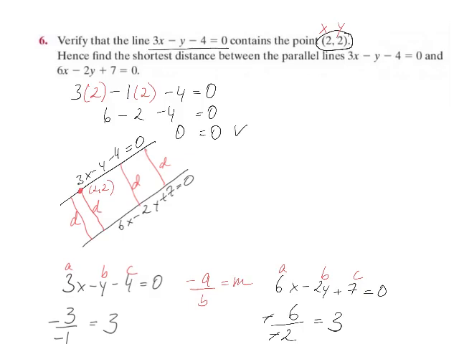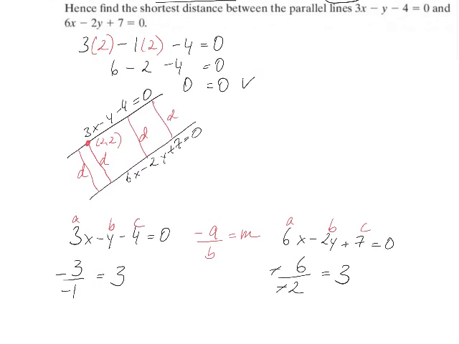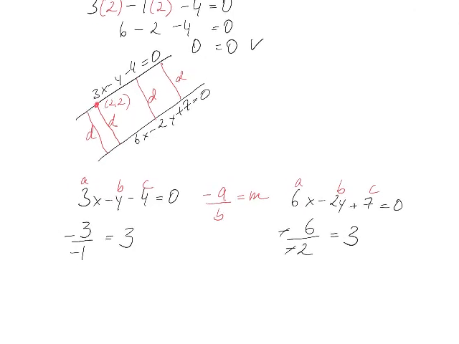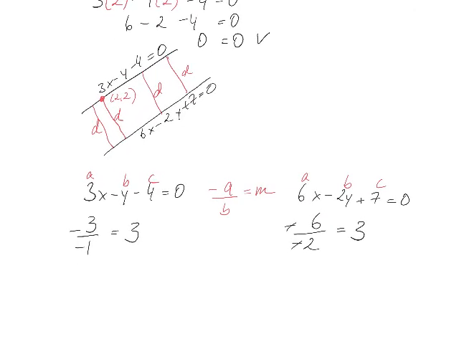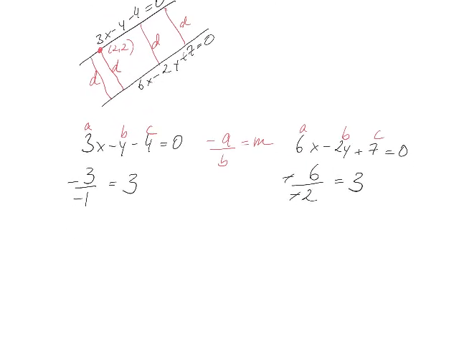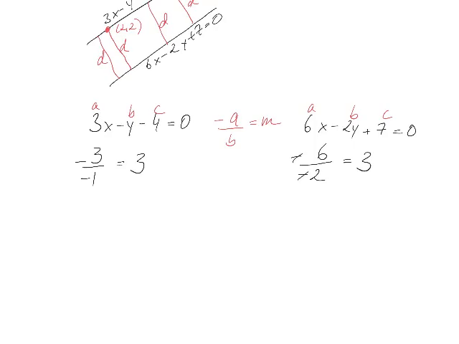So all we need to do is find a point on one of the lines and then calculate the distance to the other line, and that gives us then the distance between two parallel lines. Okay, so we have our point 2, and we have our line 6x minus 2y plus 7 equals 0.